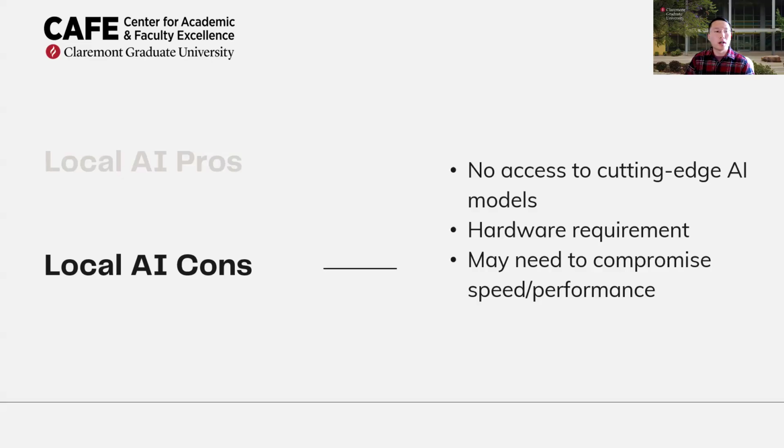The second point when it comes to local AI is that it will require some hardware on your computer to run. In order to run a complex AI model locally, you would need a really good GPU or graphics card, because those AI systems consume a lot of memory and storage on your computer, so if you want to run a complex model, you need good hardware.